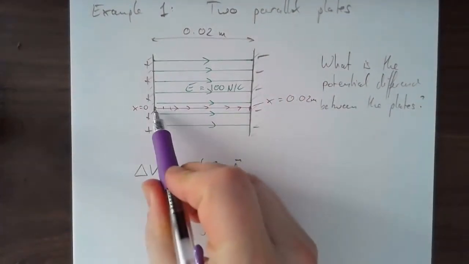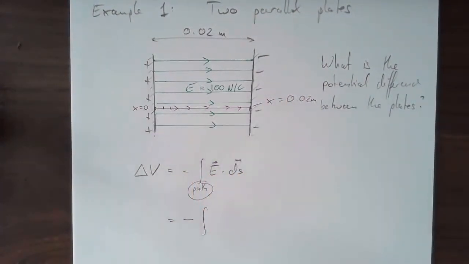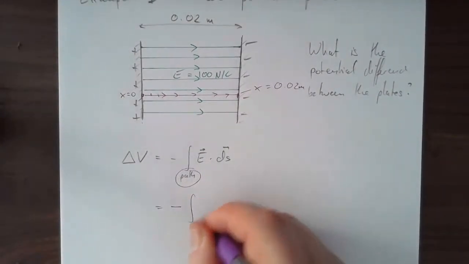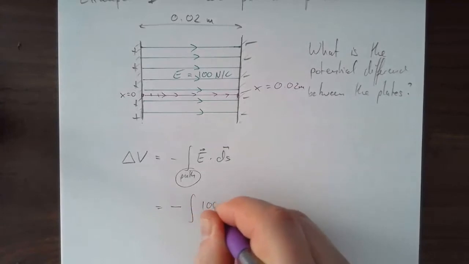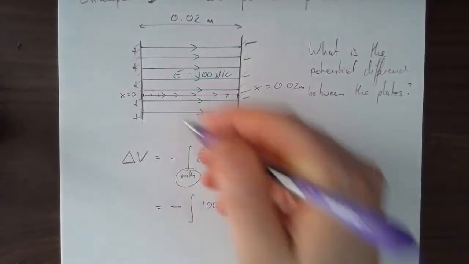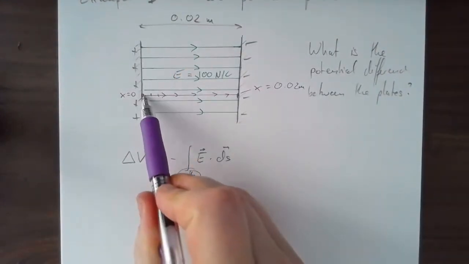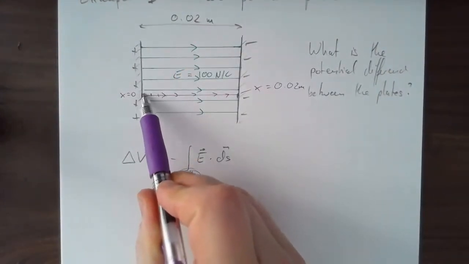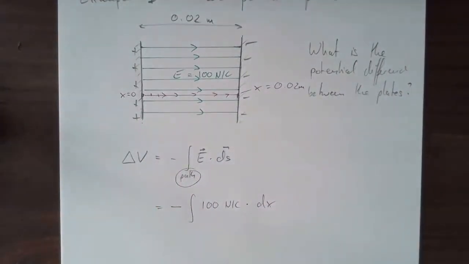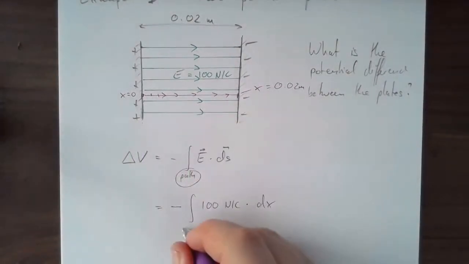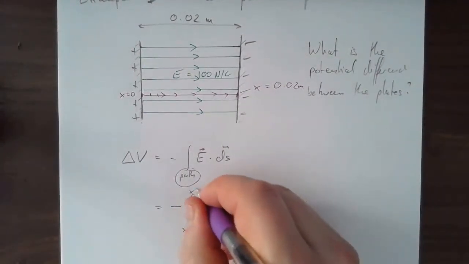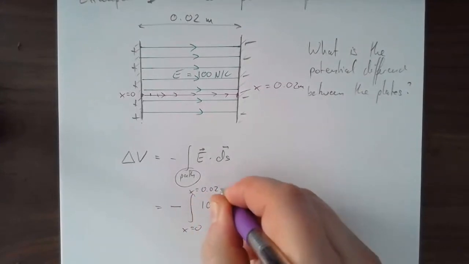Because that's far away, and I just chose my axis along that path. Makes my life easy. So what's the electric field? Well, the electric field is going to be 100 newtons per coulomb. Then I take small steps, and the steps are going to be a size dx, right? Little dx, dx, dx, dx. Where does my path start? It starts at x equals 0. Where does my path end? It ends at x equals 0.02 meters.